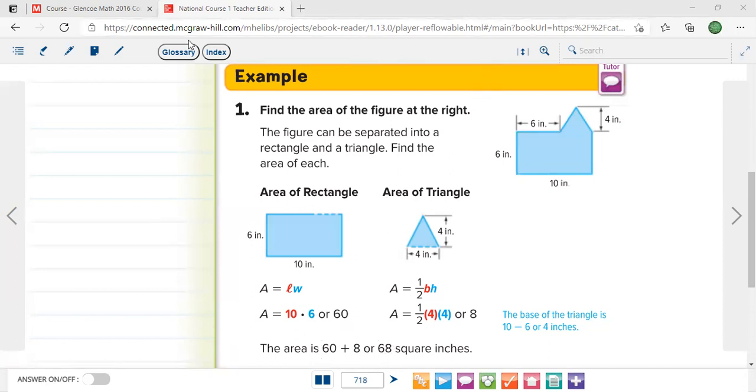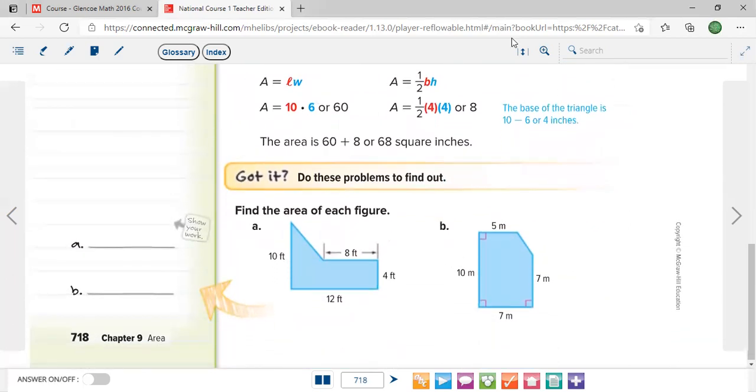And let's solve a problem. Let's take problem A, for example. I will divide it this way so that it will be a rectangle and a triangle. The area of the rectangle is very easy.